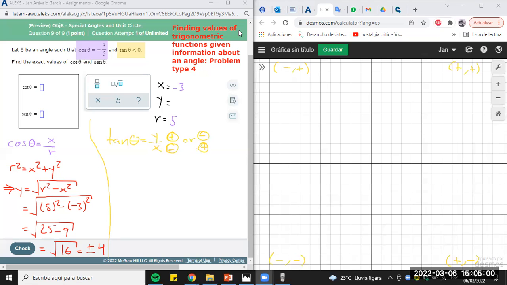But notice something, we already have the x, and the x is negative. So it could only be that option where the x is negative and the y is positive. So that only happens in quadrant 2. So we are going to use the positive 4. That's it.